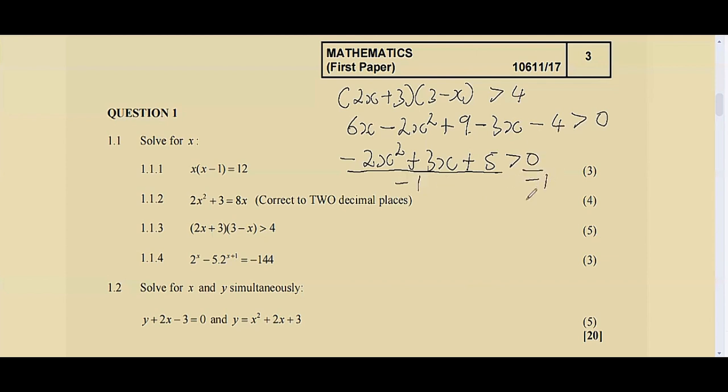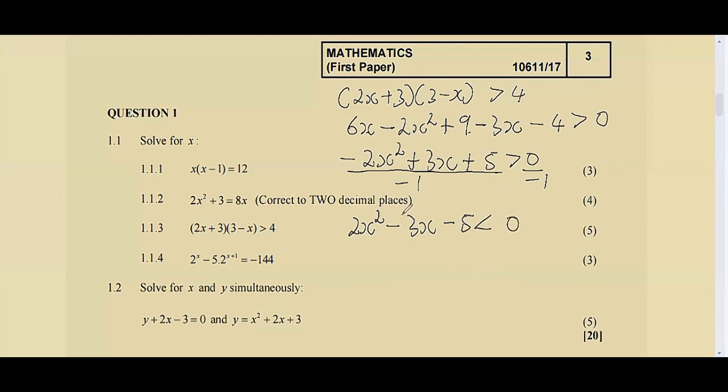Also on the right hand side, divide by negative 1. So this will give us positive 2x squared minus 3x minus 5. And what dividing by a negative does to the inequality sign is that it changes the direction of the inequality sign. So now it will be less than 0.